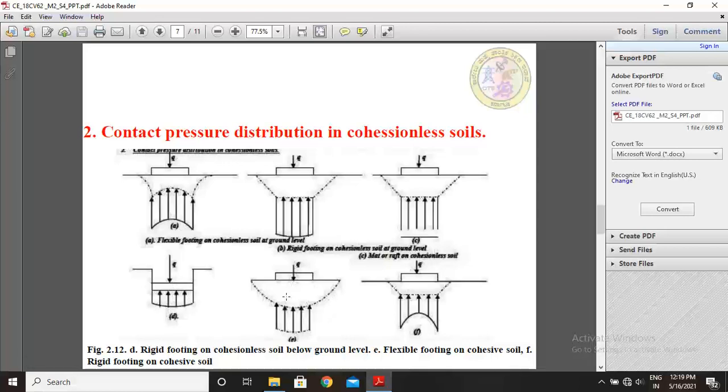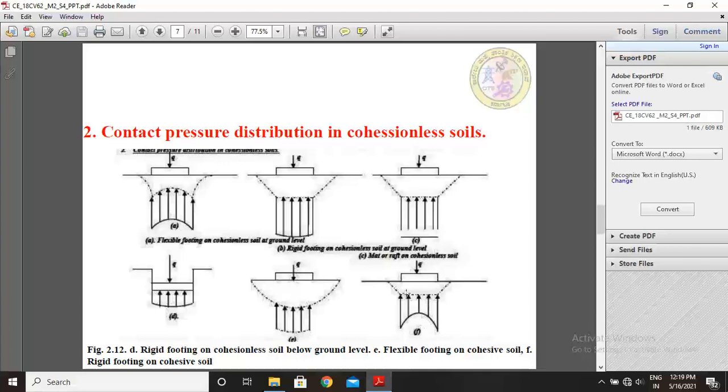This is for flexible footing. This diagram is a flexible footing on cohesive soils. So all these earlier ones are cohesionless. If it is cohesive soil, then the shape of the stress distribution diagram occurs like that for flexible footing in cohesive soils. And this F diagram is for rigid footing in cohesive soil.